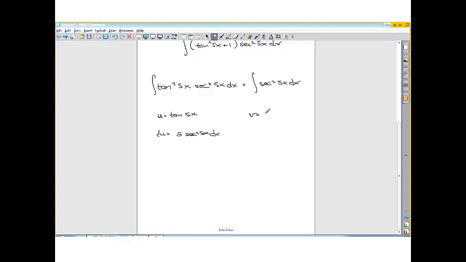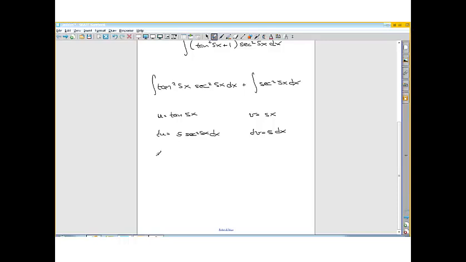v would be equal to 5x, and so dv would be equal to 5 dx. So now we're going to rewrite each one of these, this one in terms of u, this one in terms of v. So we need to get 5 secant squared of 5x dx.